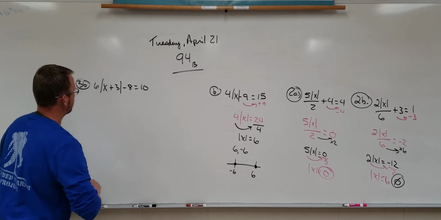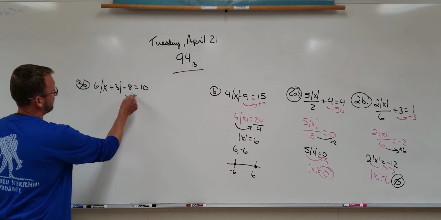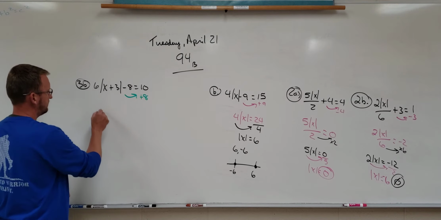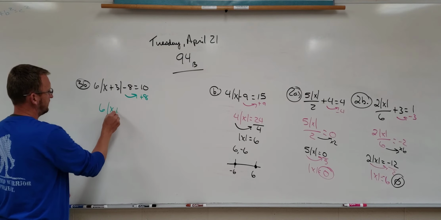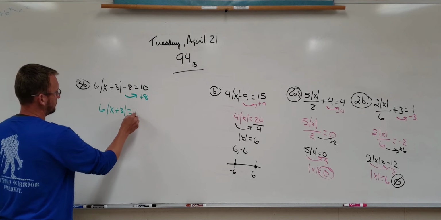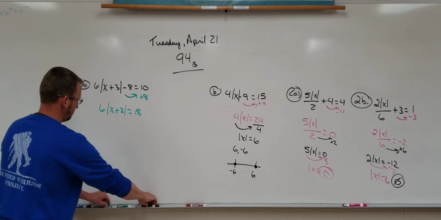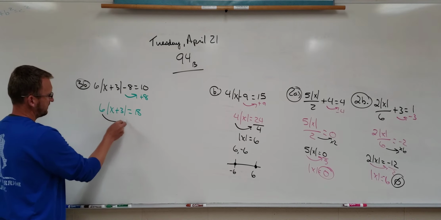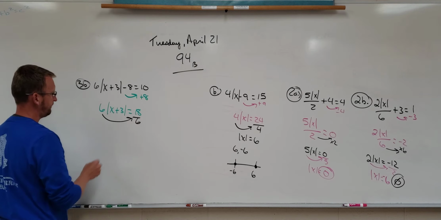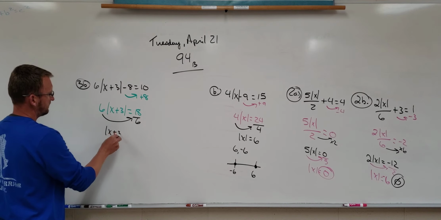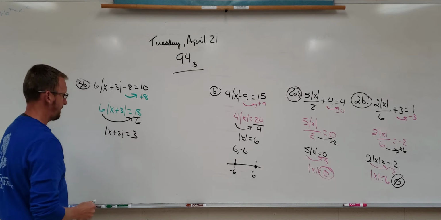So we'll start the process. Take our negative 8 over and add. So 6 times the absolute value of x plus 3 equals 18. Multiplying times 6, we take it over and divide. The absolute value of x plus 3 equals 3.